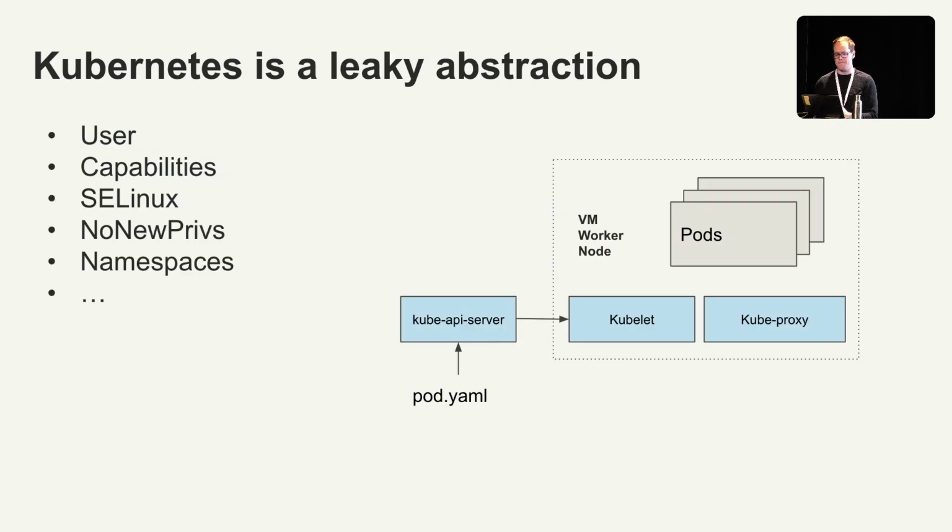Kubernetes is a leaky abstraction. These low-level kernel features I talked about are exposed to users trying to deploy to the cluster. When you deploy your pod, you can also specify these low-level Linux things like namespaces, SELinux, and capabilities.